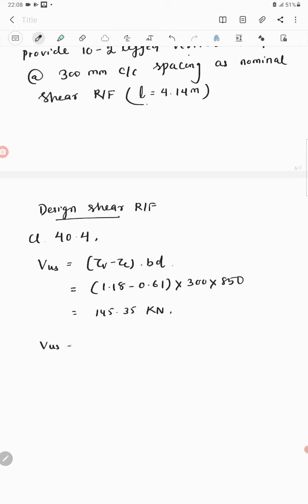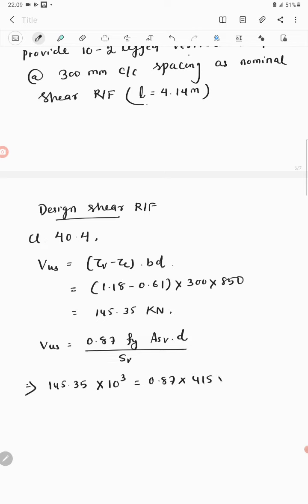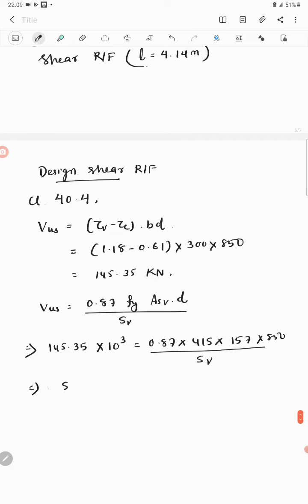There is another expression, Vus is equal to 0.87 fy Asv d divided by Sv. So from here you can find the spacing. 145.35 is in kilonewton, so convert this into newton. 0.87, this is 415, Asv we have calculated 157, d is 850, divided by Sv, which is the unknown here. So from this you get the Sv value, which is equal to 331.49 mm.